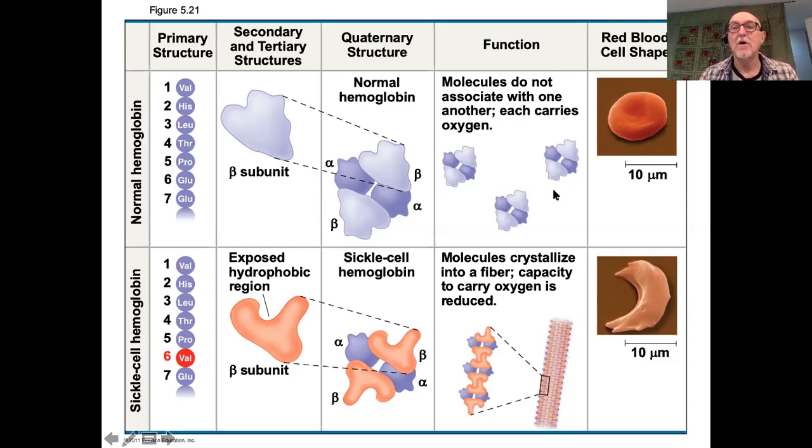Normally, hemoglobin kind of, I don't know how to describe it, kind of expands and contracts when it picks up oxygen and then it releases. And it goes back and forth. It returns always to an original shape and then back.